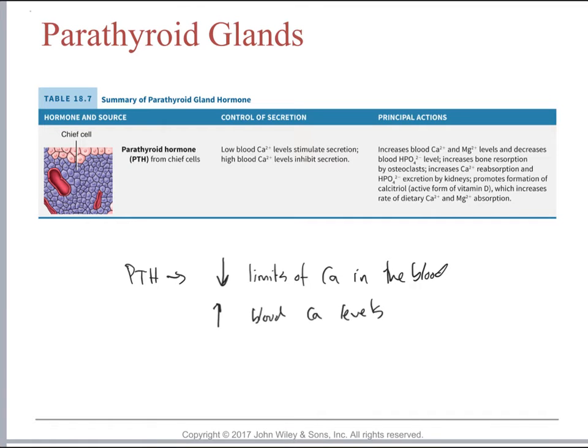So it increases blood calcium and magnesium levels and decreases blood hydrogen phosphate levels, increases bone reabsorption by osteoclasts, increases calcium reabsorption and hydrogen phosphate excretion by kidneys, promotes formation of calcitriol, which is our active form of vitamin D, which is ultimately going to increase the rate of dietary calcium and magnesium uptake or absorption. So here's the antagonist, the down-up, whereas calcitonin is the up-down. So again, we see our antagonistic hormone sets.